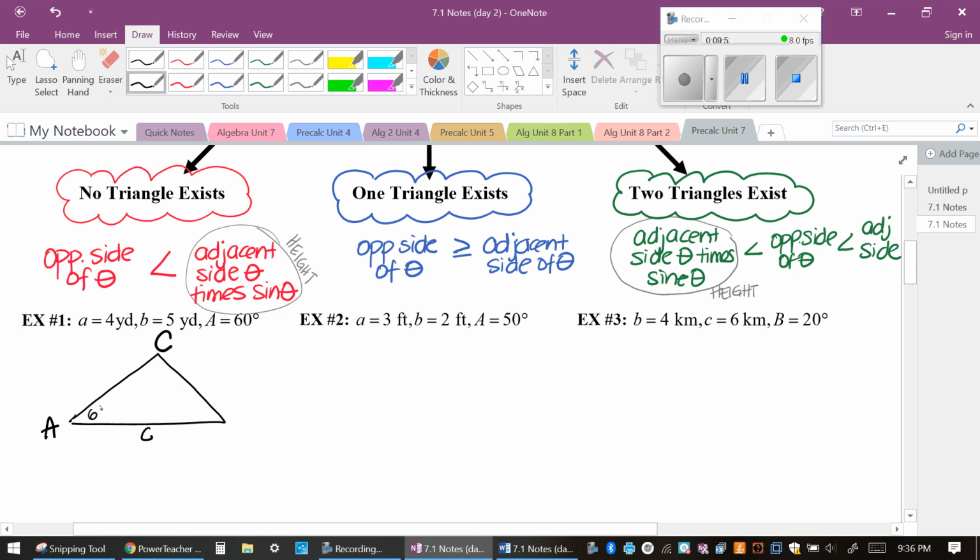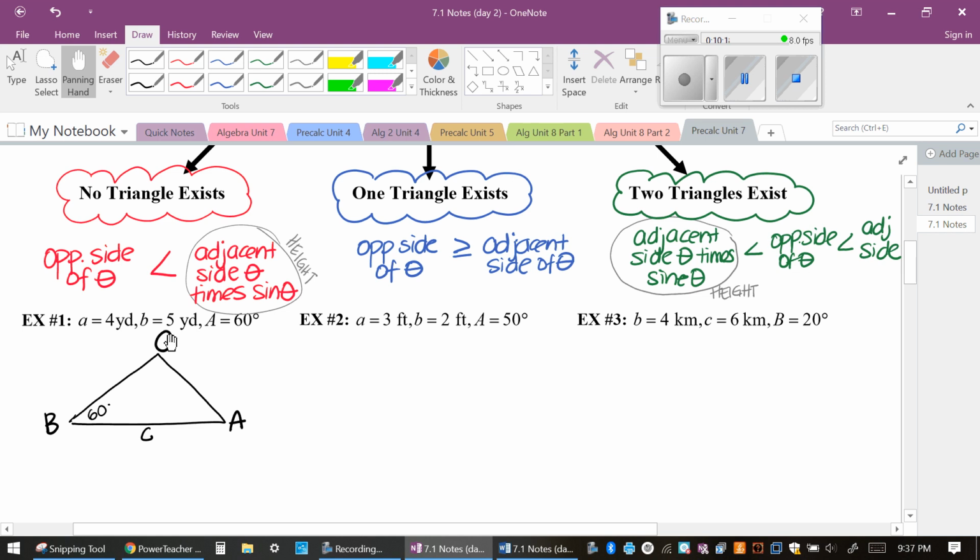Because look, I could put it like this. I can put the 4 here. That would make this B and the 5 here. You can still read the triangle as ABC if you go counterclockwise. Or, like I said, you can put the A here, B here, and it'll still be triangle ABC if you read it clockwise.